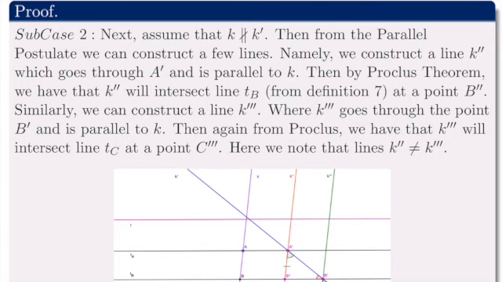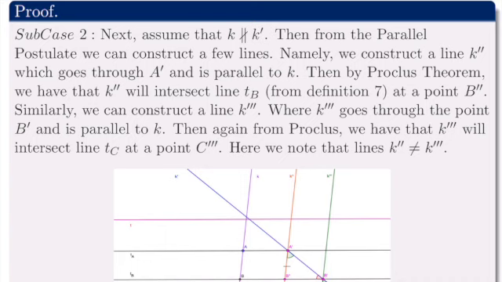So then again, similarly, we can construct K triple prime, where K triple prime goes through a point B prime, which is parallel to K. Then again, from Proclus, K triple prime will also intersect TC at a point C triple prime.